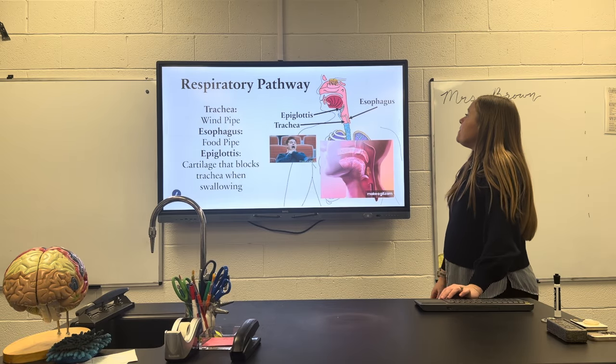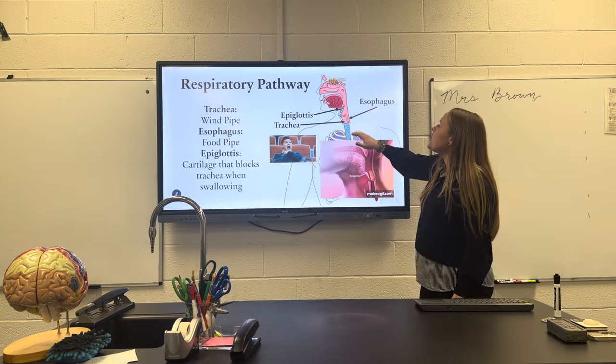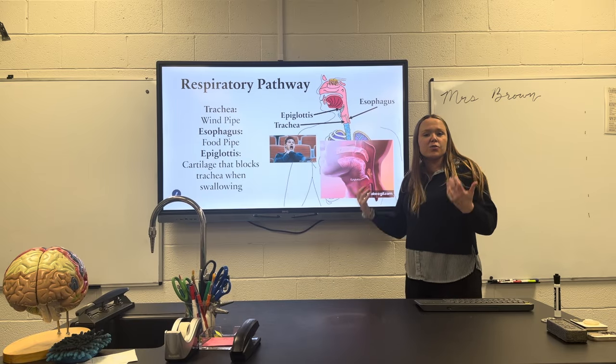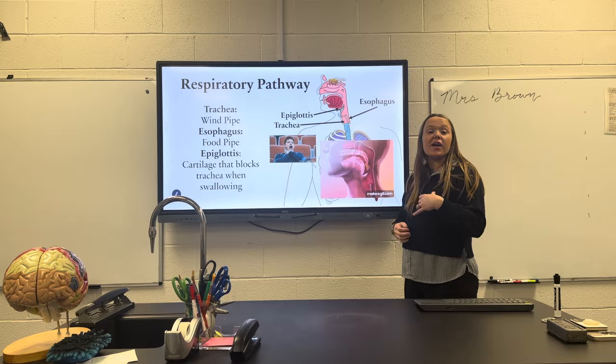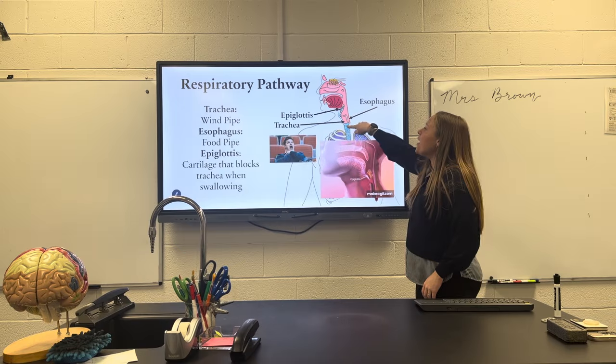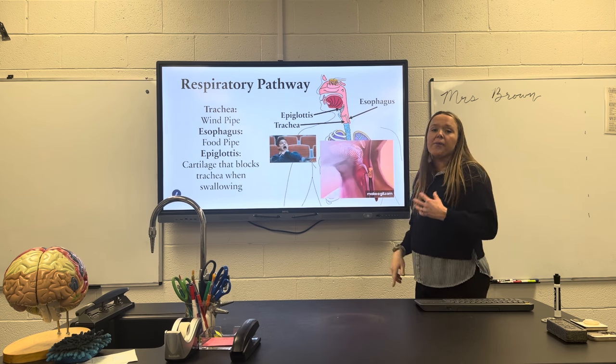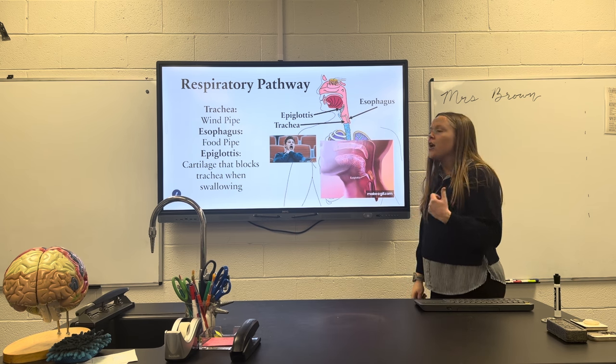All right. Next, as we're traveling down, we have these different features. We have the esophagus, which we already know about, the tube that goes into our digestive tract. Then we have the trachea as we go down, and this little flap of cartilage called the epiglottis.